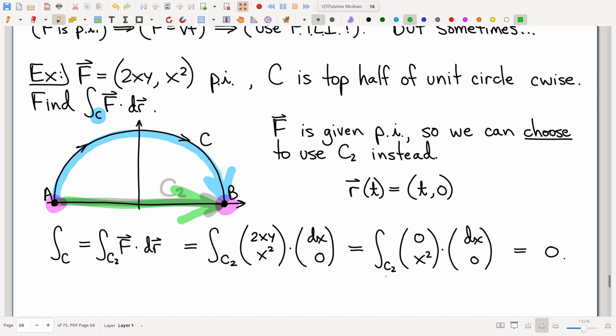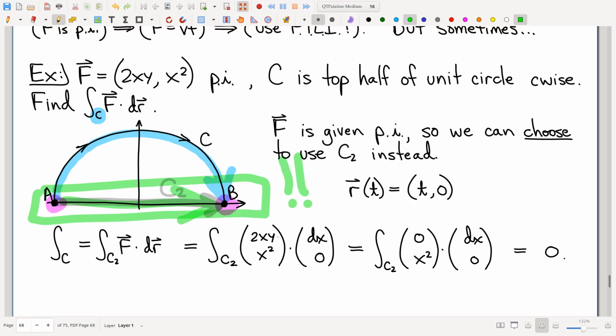I'll point out a couple of quickie things about this observation. There are some neat uses of the following observation. Notice in my new curve, you don't even need to look at the parameterization. You could just see right here, looking at our new curve, y is always 0. Again, there it is. It's on the x-axis. Y is clearly always 0. So plug that in. So good.